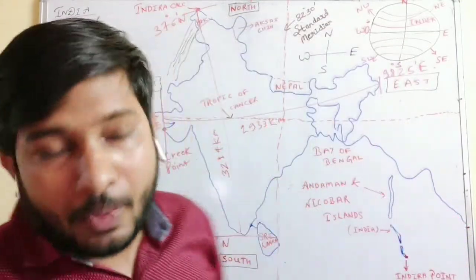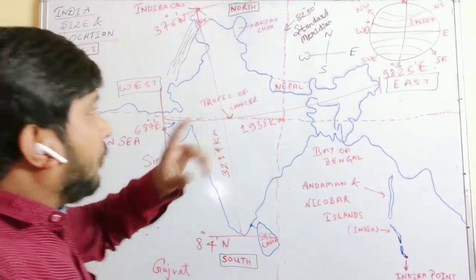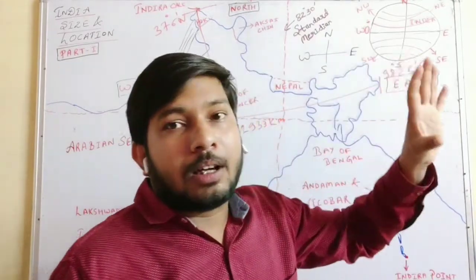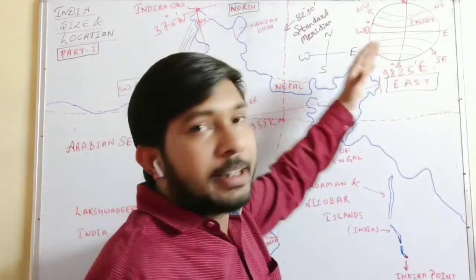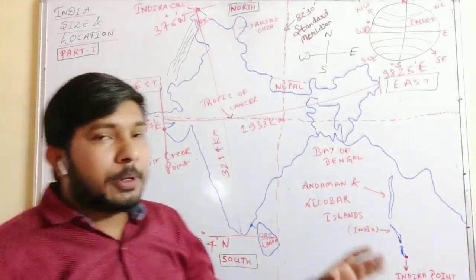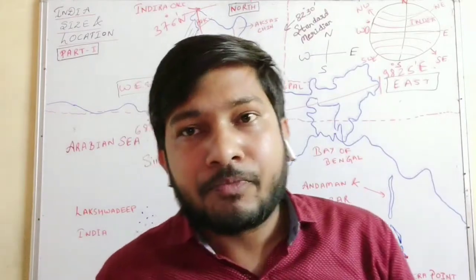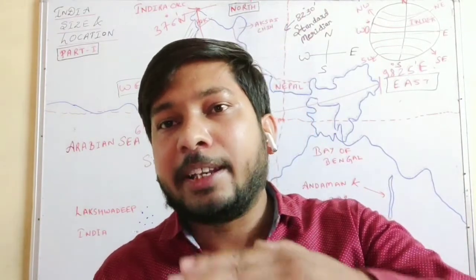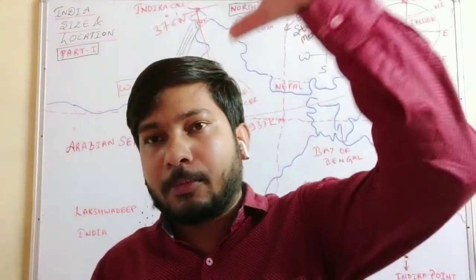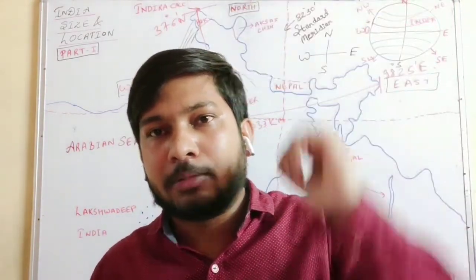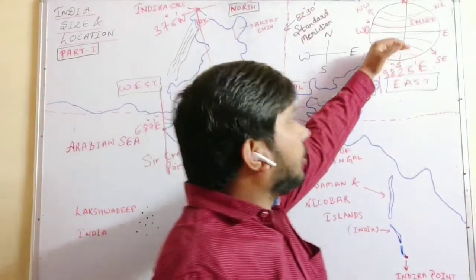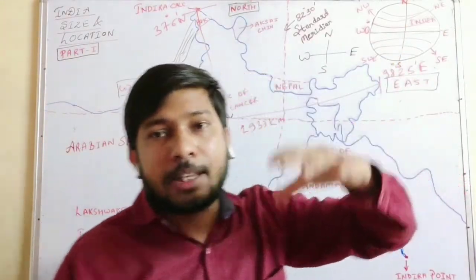Now, first of all, I should tell you where India is located on the globe. If you see a globe, it is a sphere. If you divide that sphere into two equal parts, the top and the bottom, you will see two hemispheres of the same shape.